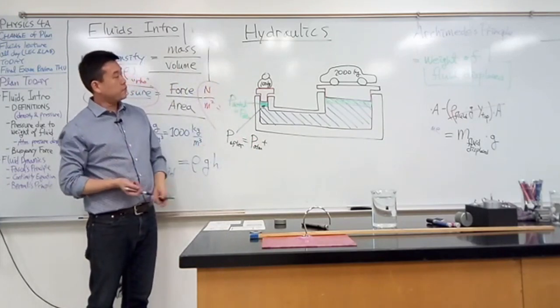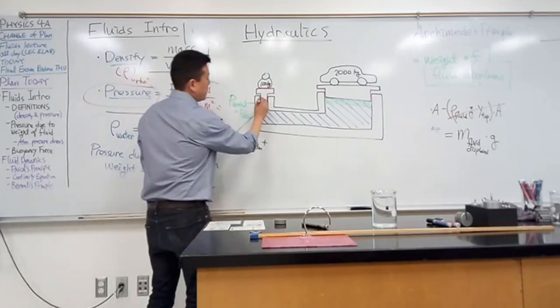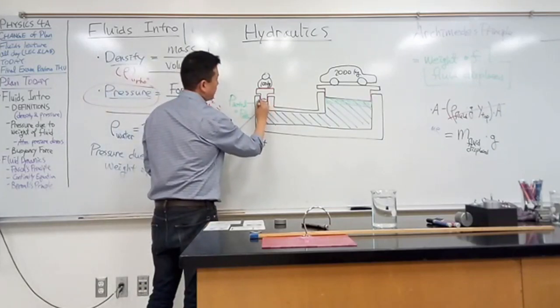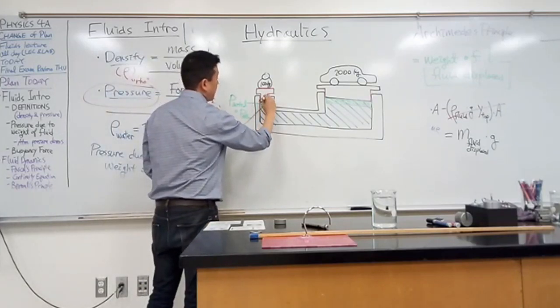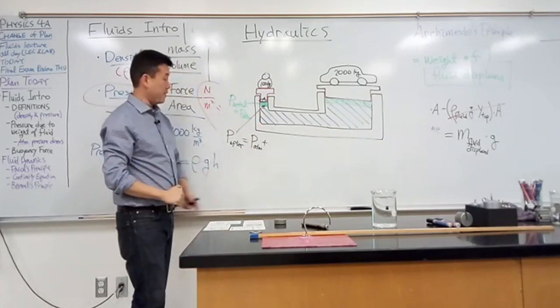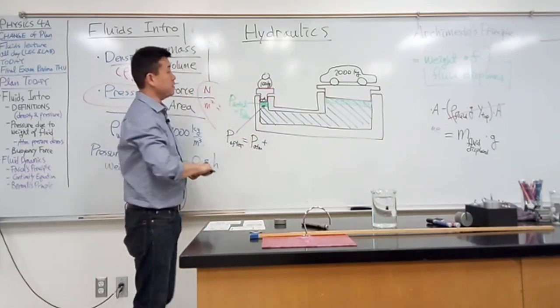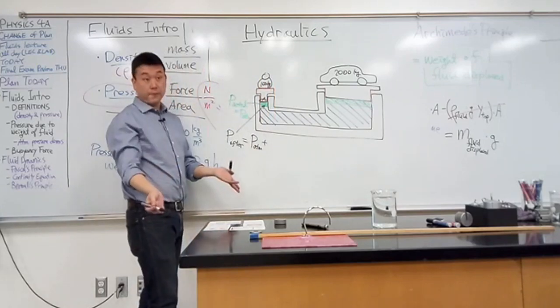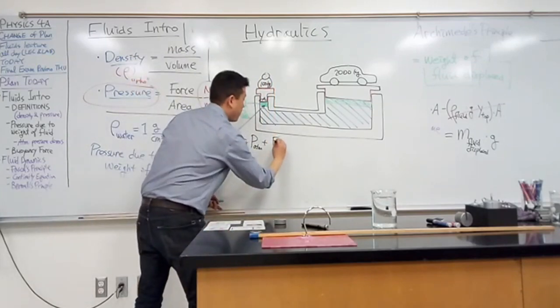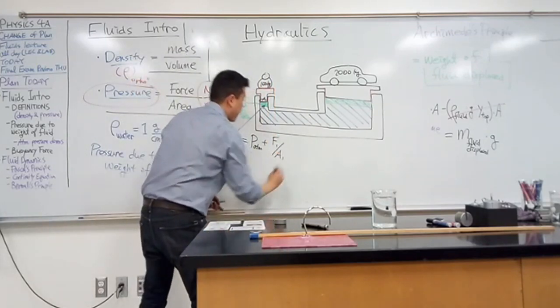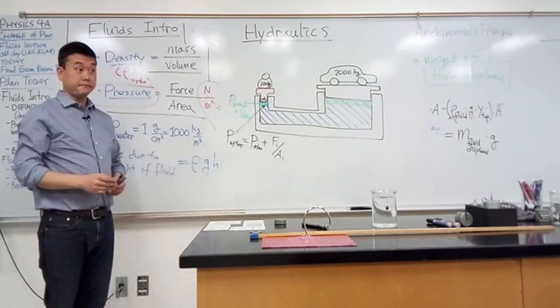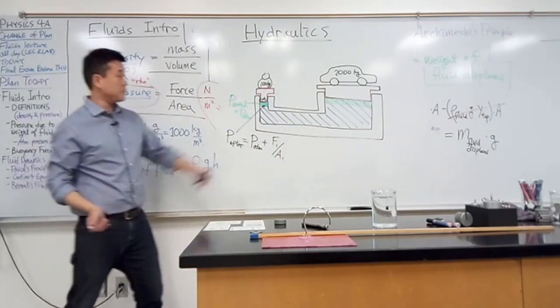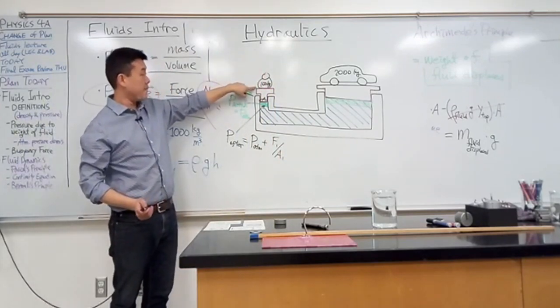One way to express that would be, if I know the cross-sectional area here, let me call that A1, then the pressure due to the person would be whatever force this person is applying, call that F1, divided by area 1. That's how much pressure this person is exerting by standing here.